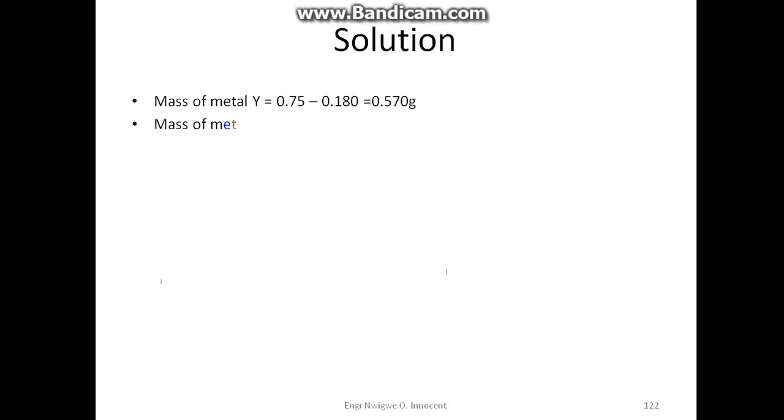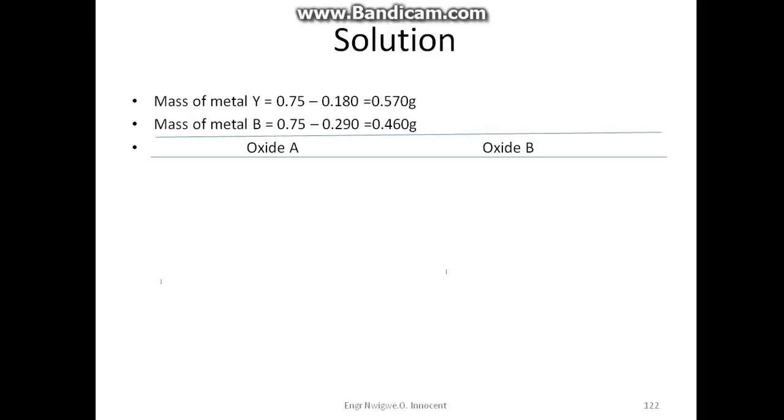Solution. Mass of metal Y in A is equal to 0.75 minus 0.180, which will give us 0.570 gram. Mass of metal in B is equal to 0.75 minus 0.270, which will give us 0.480 gram. For oxide A, mass of oxide of metal Y is 0.75.